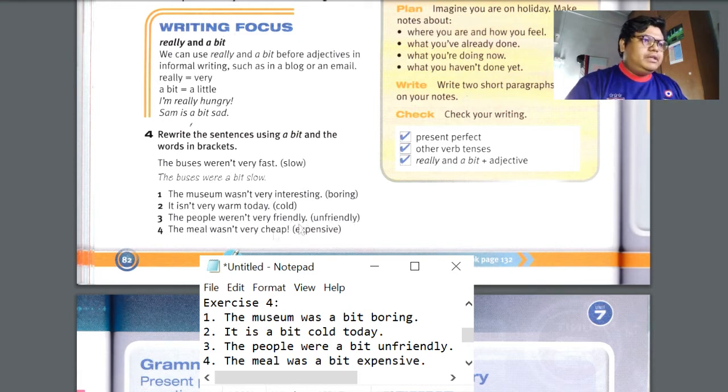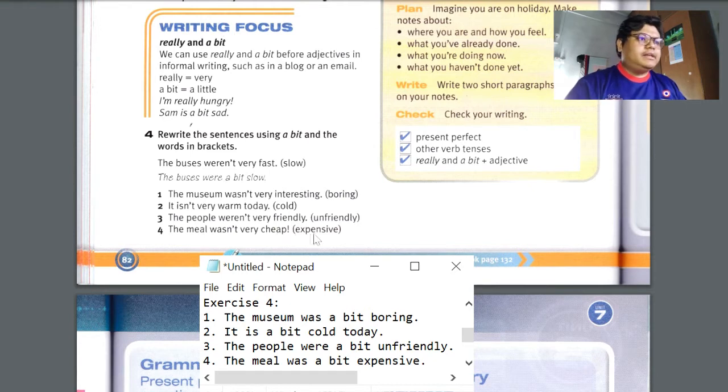Okay, so we change it to positive word, positive sentence. So the people were a bit unfriendly. Yes. Okay, were a bit unfriendly. Okay, number 4, the meal wasn't very cheap.